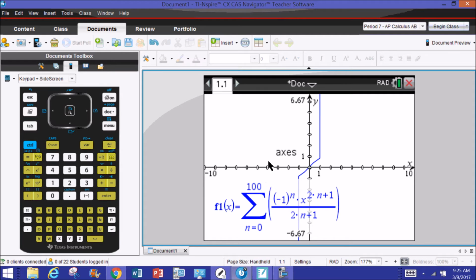So usually what's safe for the TI Inspire handheld is to go to 100. If you're using the computer software, you can probably go a little higher, but it really doesn't matter, because using 100 I think is going to reveal what I need to reveal.